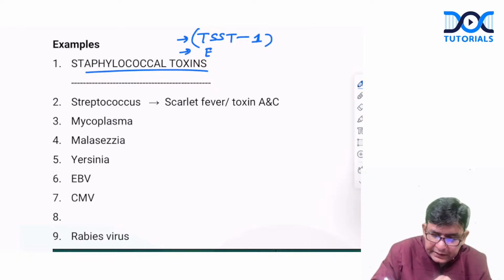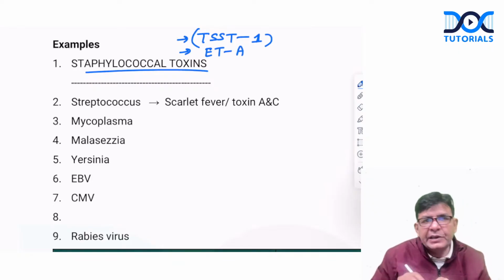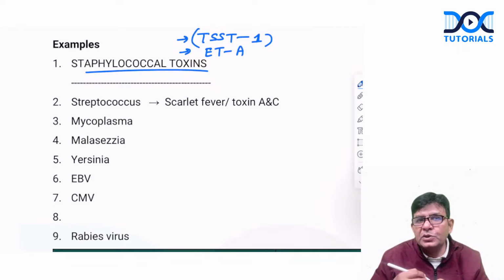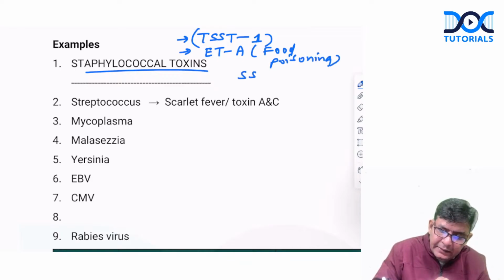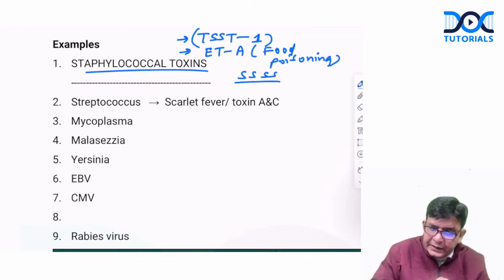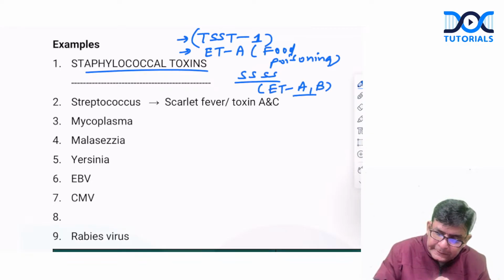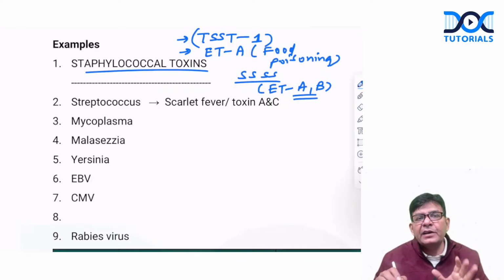Other than that, in the new book, even the food poisoning toxin, enterotoxin, is also a superantigen. And the other one is double S, SSSS, staphylococcal scalded skin syndrome, with exfoliative toxin A and B. This also can behave like a superantigen.